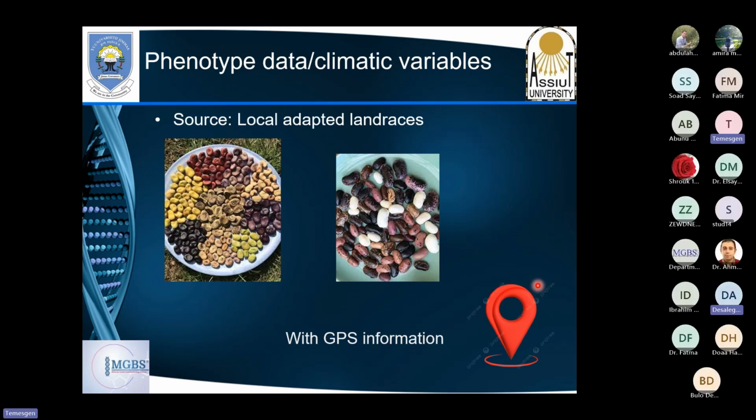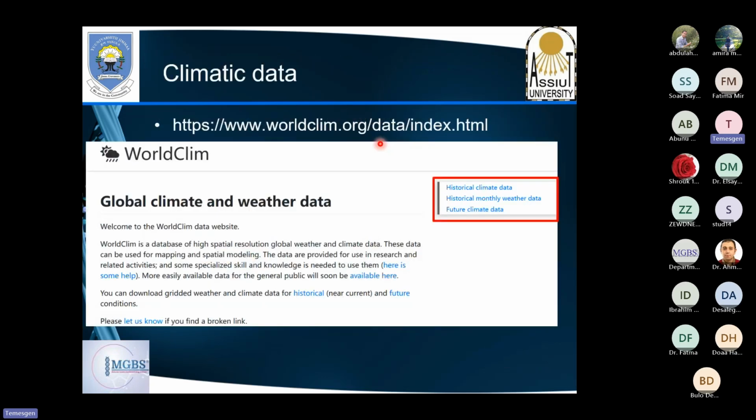Based on those geographical locations and different collections, we can then extract climatic data. You can get climatic data from different satellite and GPS sources. This is one example we can get from WorldClim.